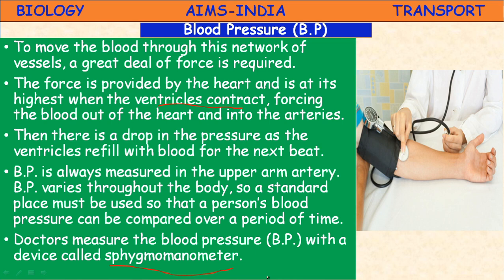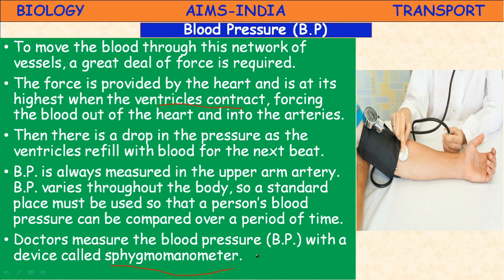A tourniquet or a cloth is tied to the upper arm, with a bulb to apply the pressure. Then they measure near the upper arm region with the help of a stethoscope.